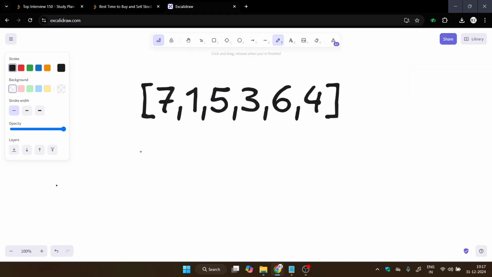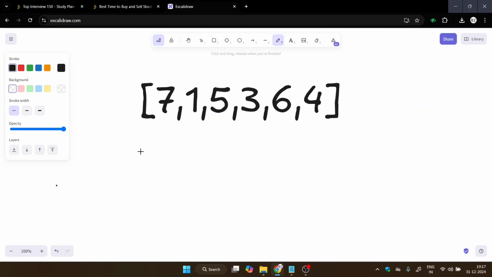We have this list where 7 represents the stock price at day 1, 1 represents the stock price at day 2, 5 represents the stock price at day 3, and so on. Now what we want to do is get the maximum profit we can retrieve from this list.